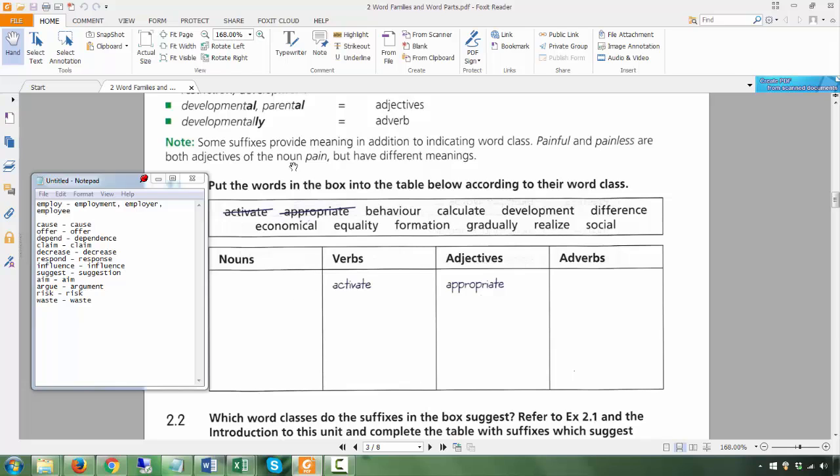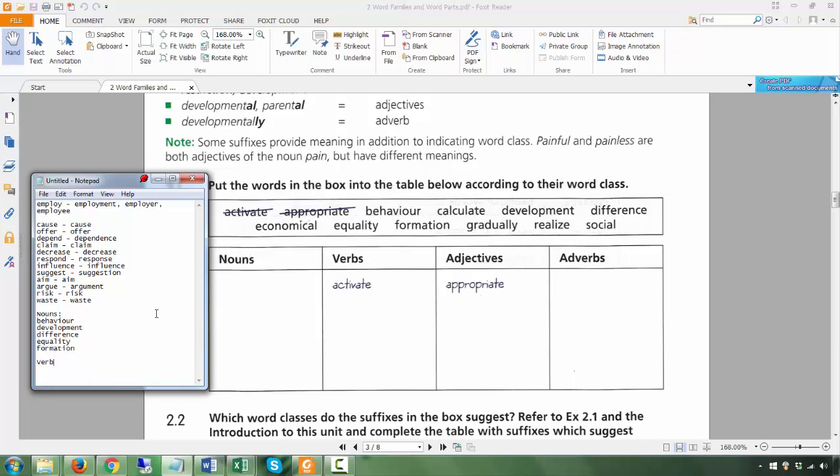Then you look at these words and you put them according to their word class. So for the nouns, you have behavior, development, difference, equality, formation.